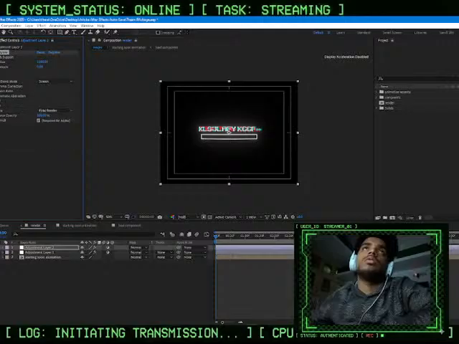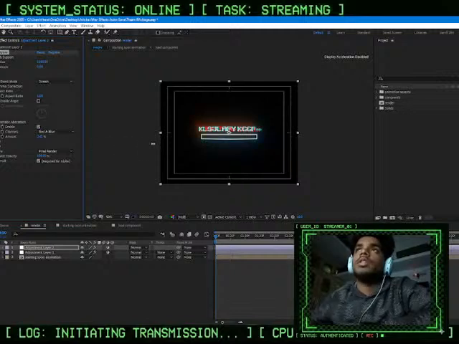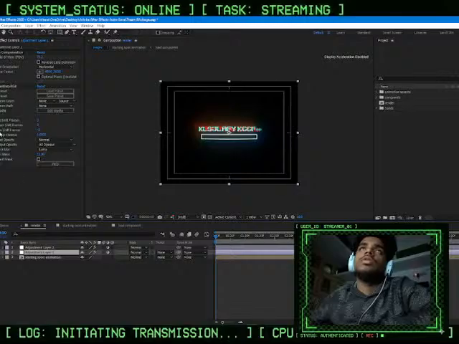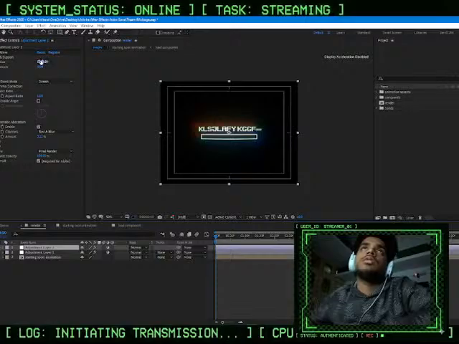Let's increase the chromatic aberration. Can I do that? Yes. Now let me increase it. What if I turn this off? I still have a good effect. It looks pretty. I'll reduce it a little.